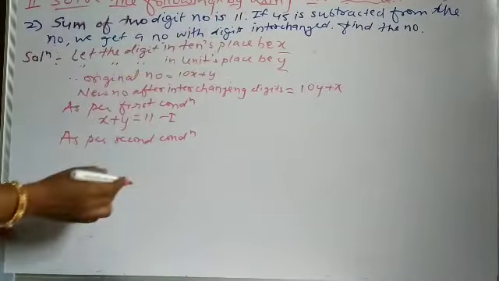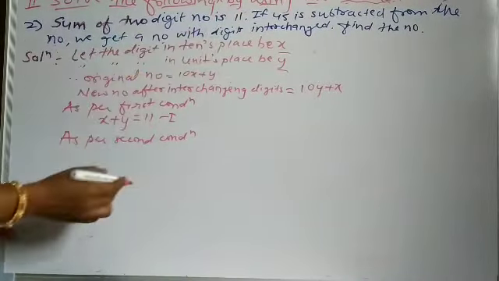So add x plus y is equal to 11 and x minus y is equal to 5. So x plus x, 2x, y will be cancelled. 11 plus 5, 16. So x is equal to 16 upon 2, that is 8.